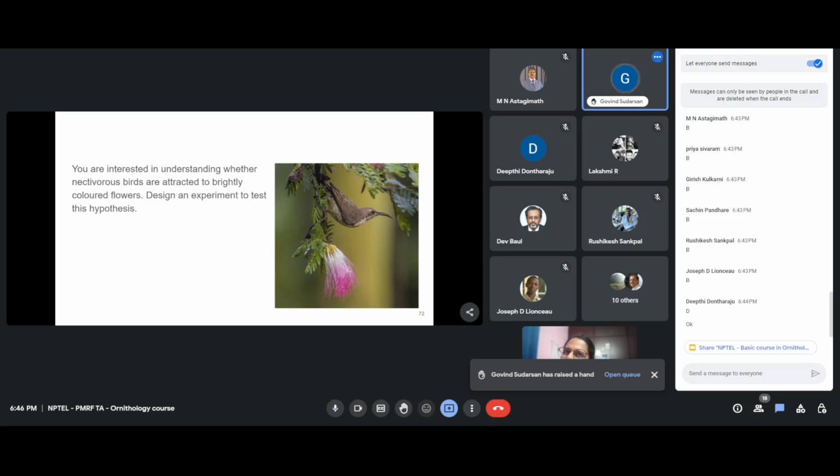Then for the actual experiment, I place three sources of nectar. One would be completely dry. Okay, now give me specifics, Govind. What describes these sources of nectar?